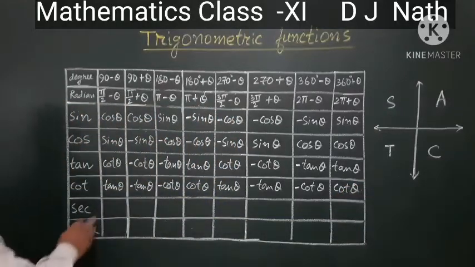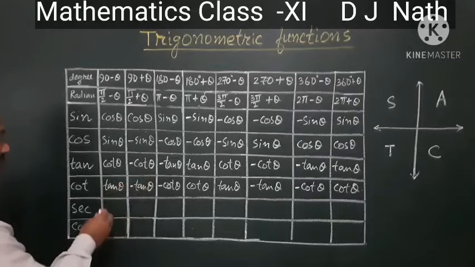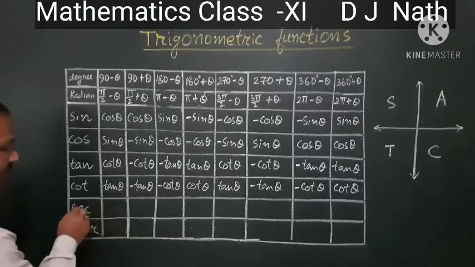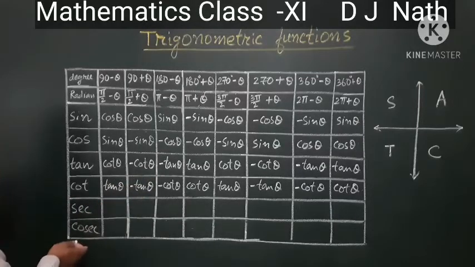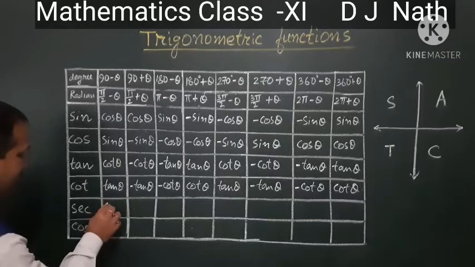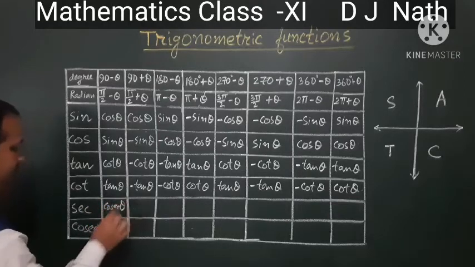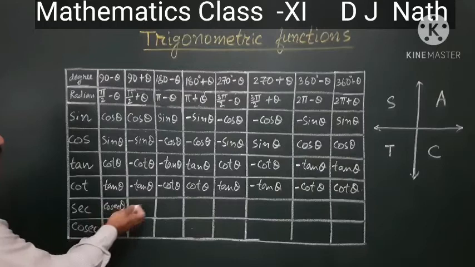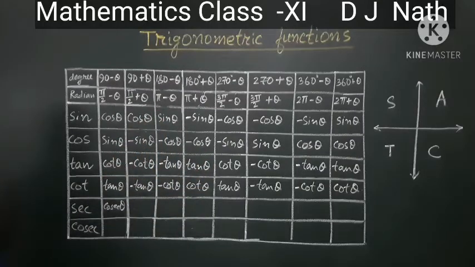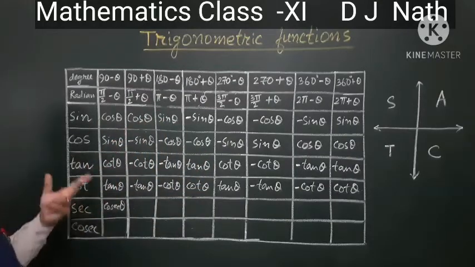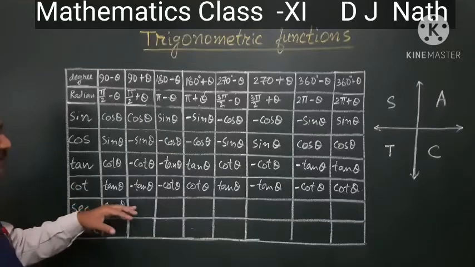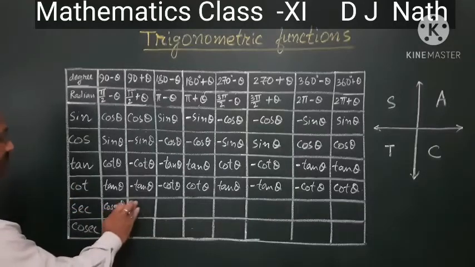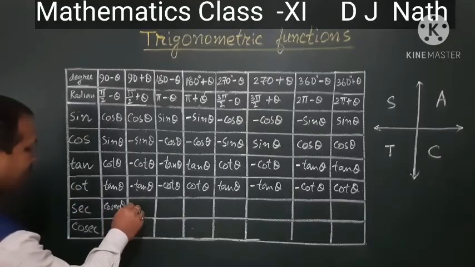Similarly, sec in the first quadrant: its complementary is cosec, so it is cosec theta. Second quadrant, sin and cosec only are positive, sec is negative, so it will become minus cosec theta.